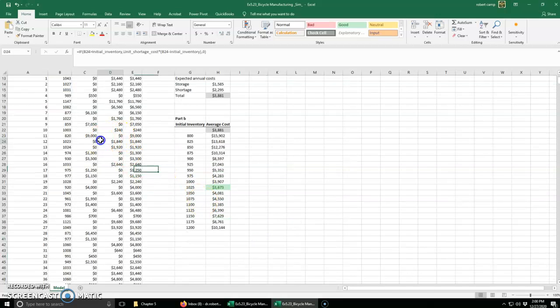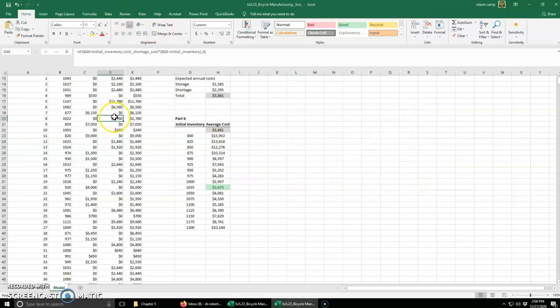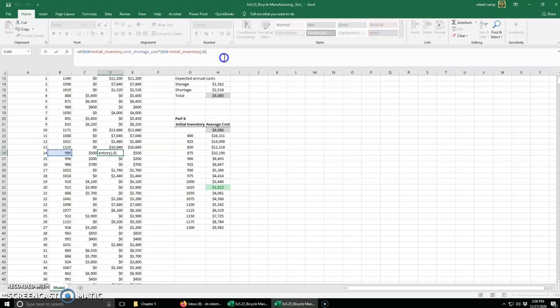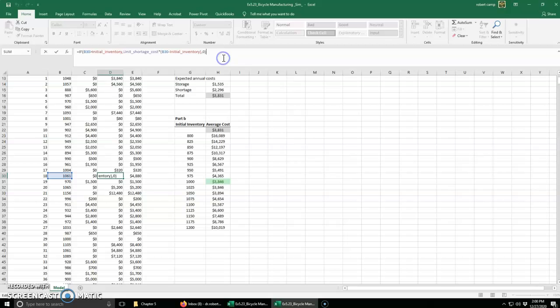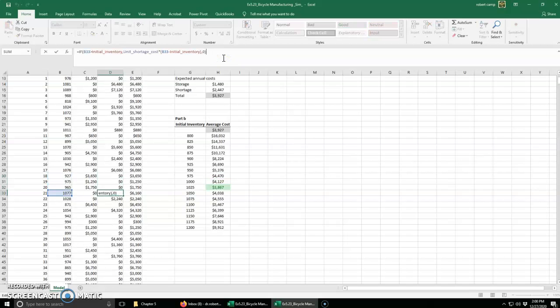Now the thing is, we've run 1,000 tests for that. And so if I keep recalculating the data, if I force it to recalculate, you're going to notice something. 1025 is never going to change because we've run 1,000. Oh wait, I take that back. It's bouncing between 1025 and 1,000.